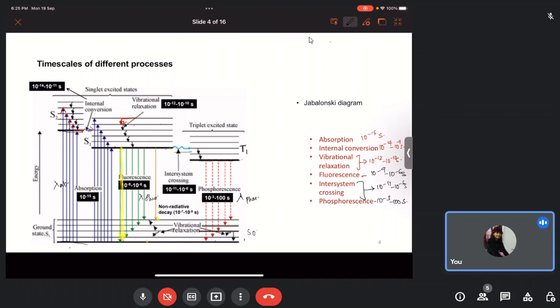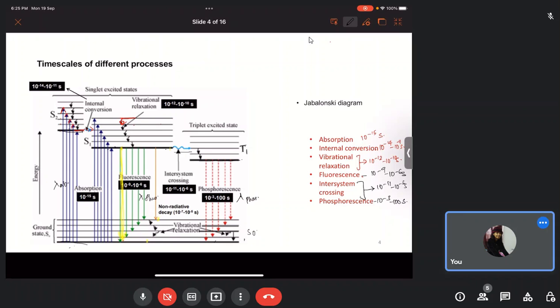If you have any particular doubt about these time scales or the processes, please raise your queries. We'll only move forward if you don't have any queries.